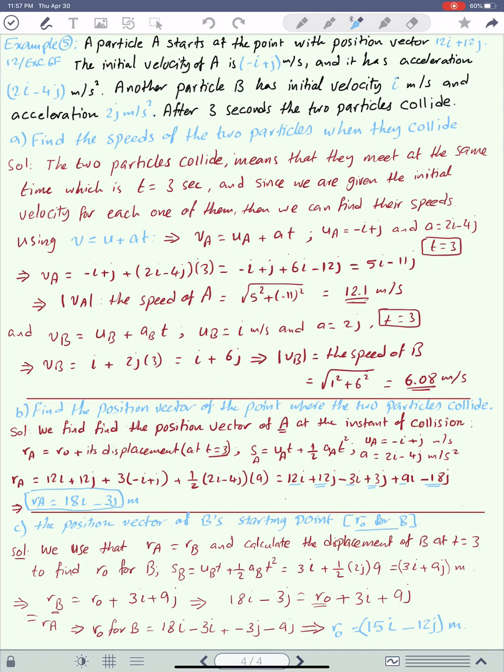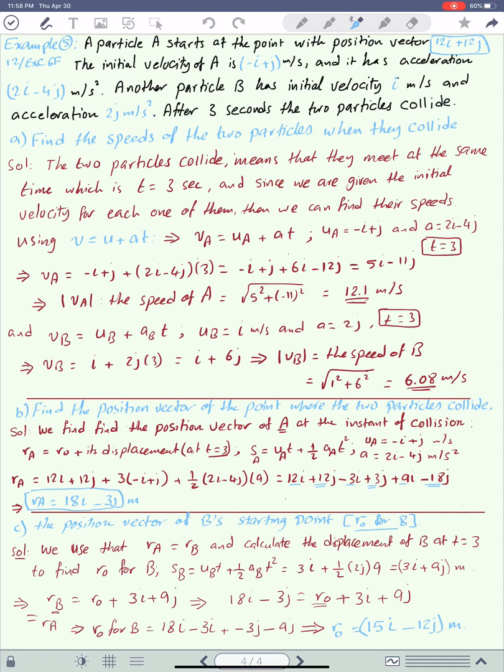A particle A, the question says, starts at the point with position vector 12i. So this is r0 for the particle A, and the initial velocity of A is minus I plus j meter per second, and it has acceleration 2I minus 4j meter per second squared.